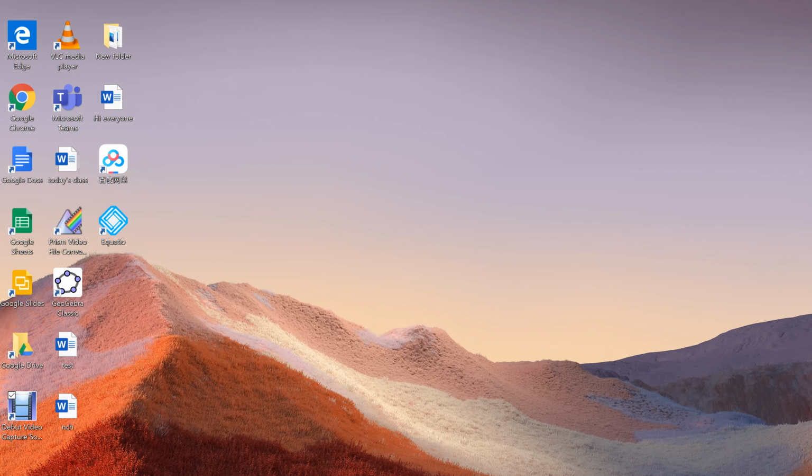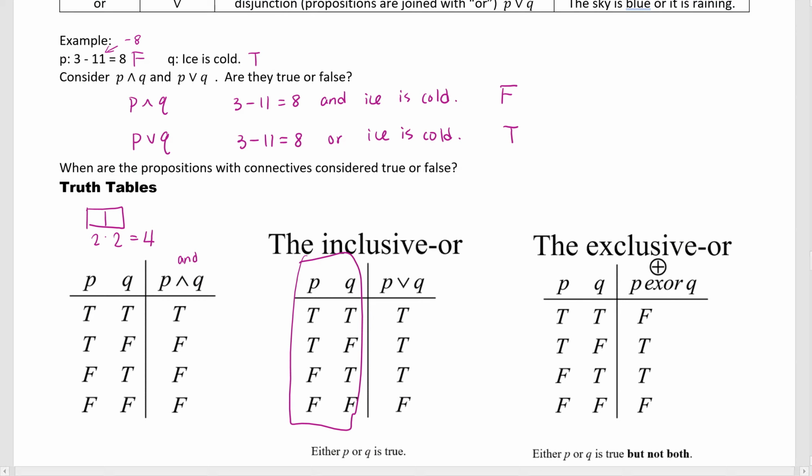Oops, sorry. I pressed the wrong button. Okay, and so P or Q is true if one of them is true. See? One of them is true or both of them are true, then this is true. And if both of them are false, P or Q is false. Okay?